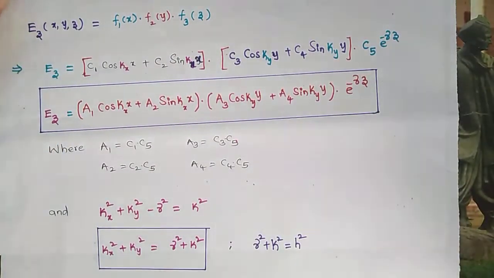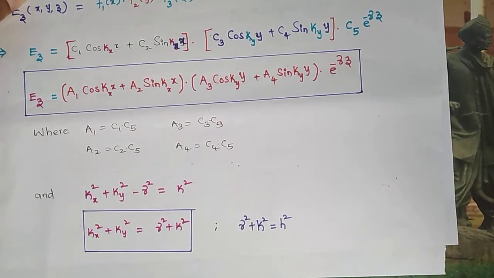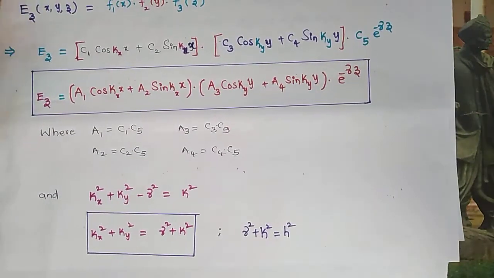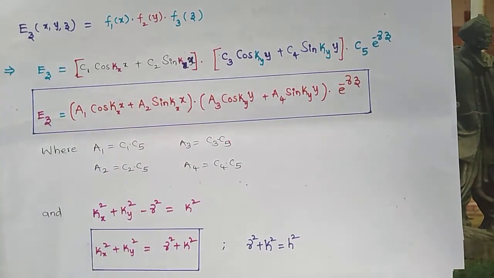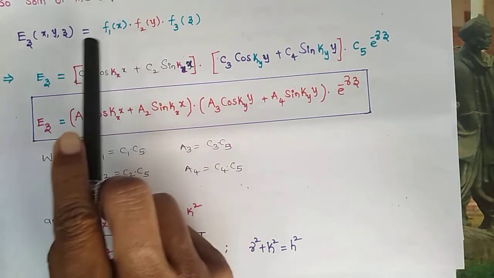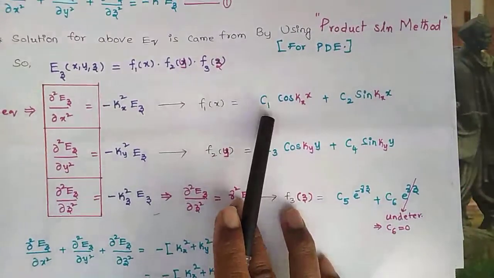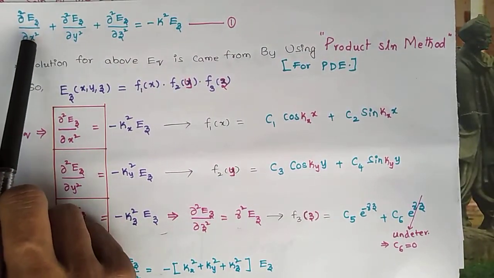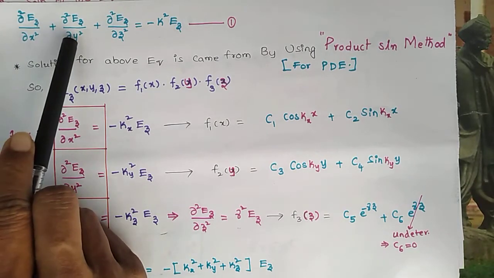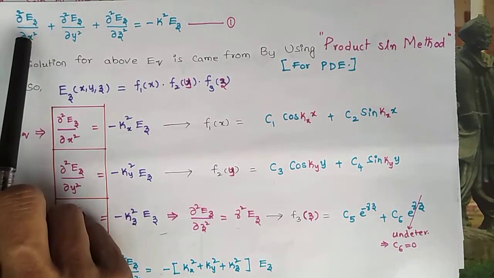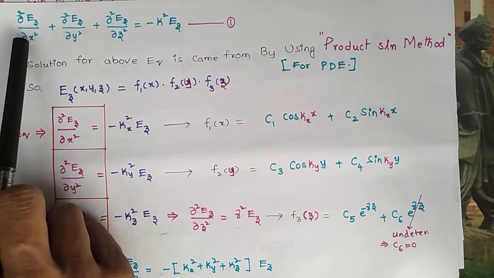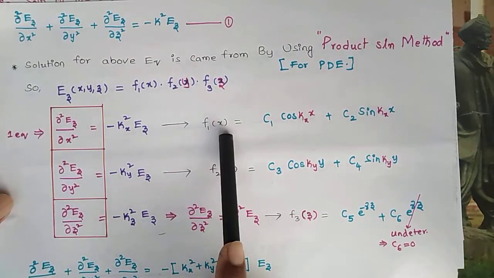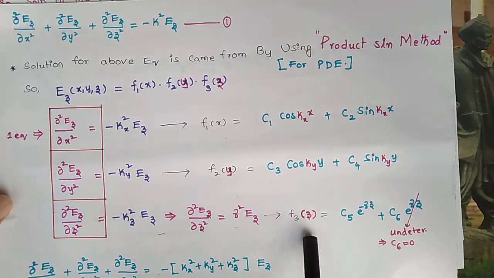Now I can write the equation for Ez as f1. This is a partial differential equation. I have found this solution, this solution, and this solution. So I have derived the solutions of these equations: f1 of x, f2 of y, and f3 of z.